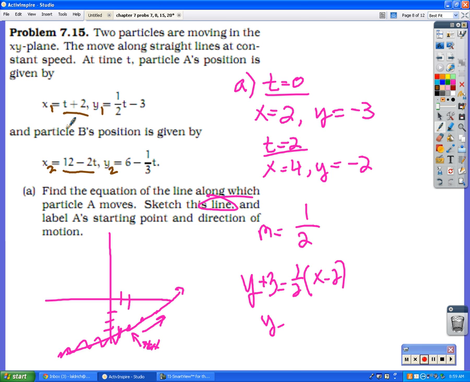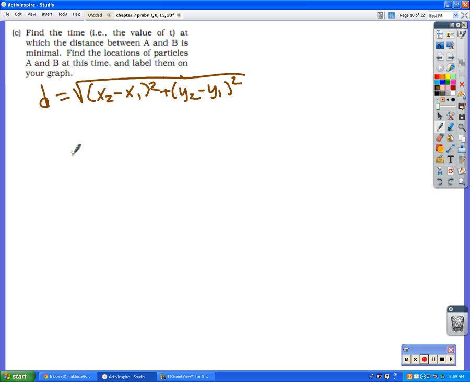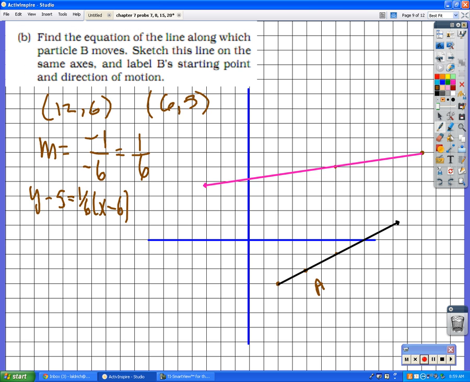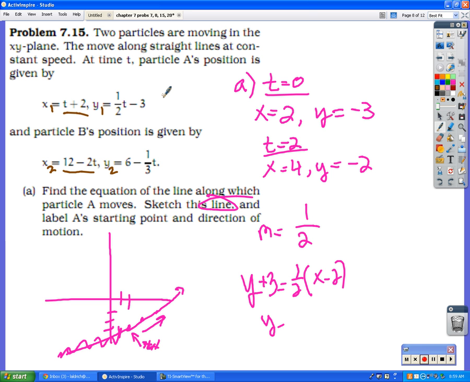Okay, so my x's difference is going to be negative 3t plus 10 squared plus what is this minus this? That is going to be gross. What's negative 1/3 minus 1/2? Negative 1/3 minus 1/2.